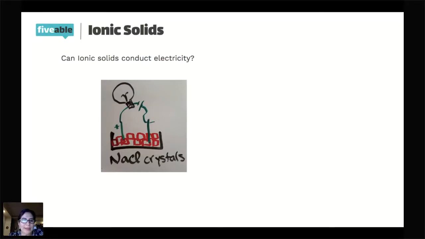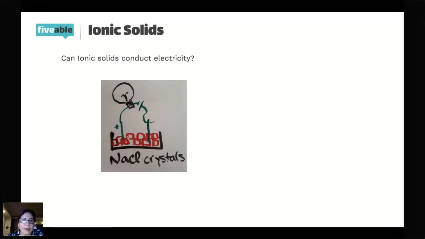Okay, Matthew, no. Why do you think it won't be able to light up the light bulb? Well, first of all, what is the definition of electricity? How do you get light from a light bulb? What has to happen? Okay, electricity, yes, it's kind of a charge. The definition is a flow of electrons. So the electrons need to flow. In here, the sodium chloride crystals in a solid form won't be able to flow.